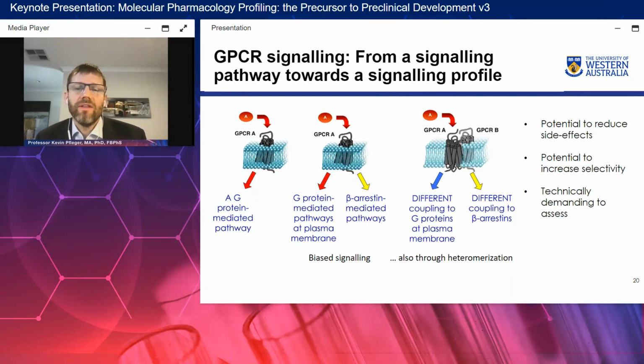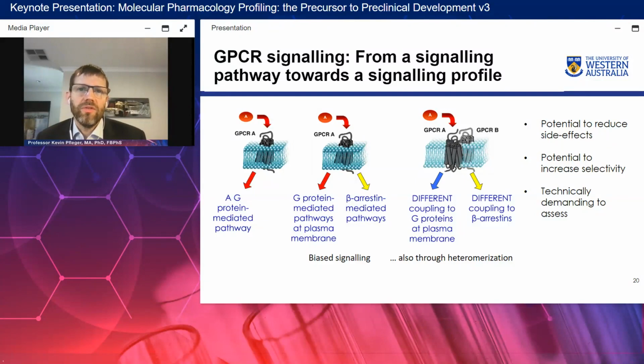So if we can understand the heteromerization and the impact on pharmacology, we can potentially target tissues where there is a particular heteromer, or indeed where there's an absence of a heteromer, to actually target our therapeutic more effectively. The issue, though, is that understanding the pharmacology of heteromers is technically demanding.